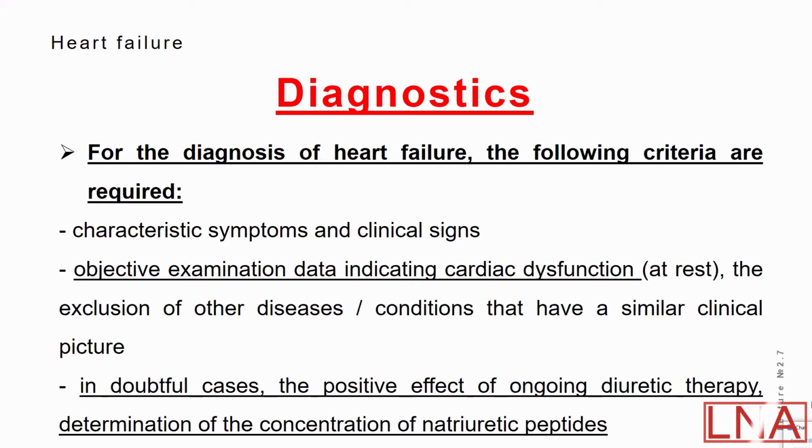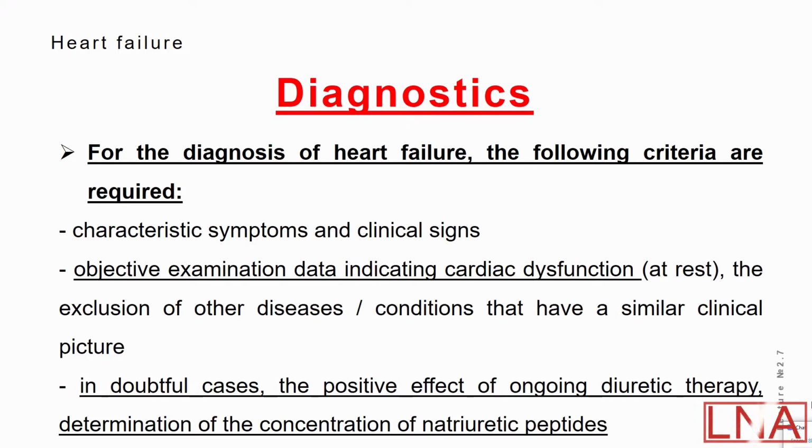So, diagnostic moments of heart failure. For the diagnosis of heart failure, the following criteria are required. We need to find some specific symptoms and clinical signs: general fatigue, palpitation, dyspnea, decreased blood supply, edema, peripheral up to total edema.